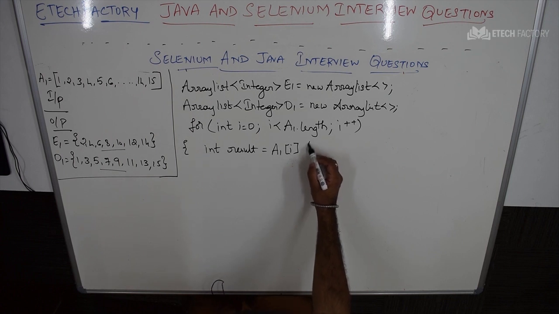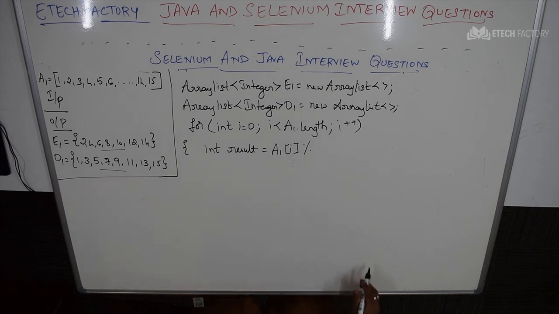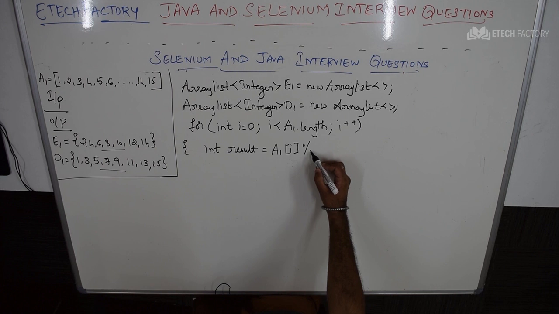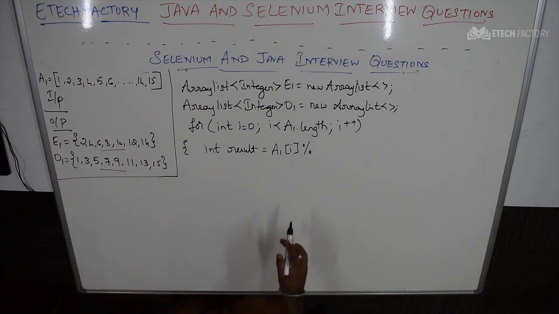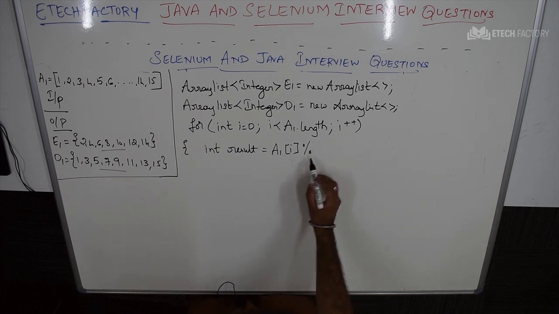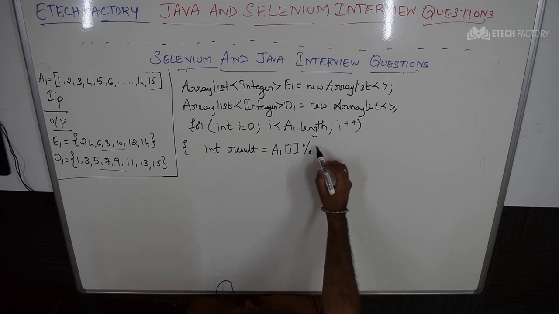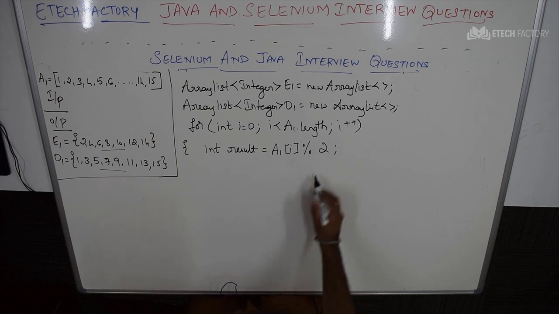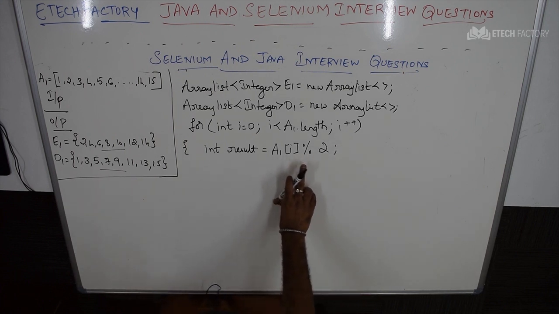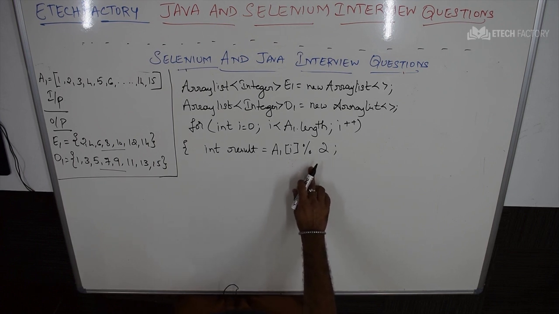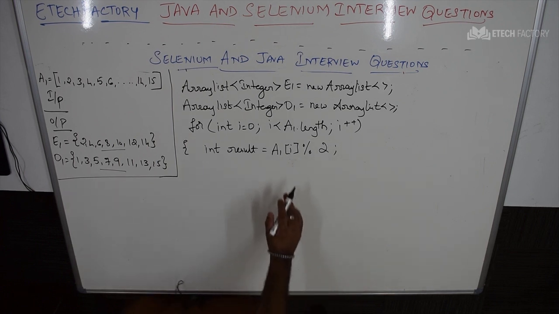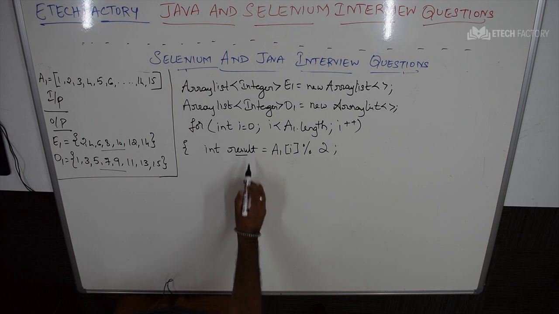So I'm going to use the percentage symbol. This percentage symbol is going to actually divide and get the remainder. So divide by 2, whatever the number is there, and get the remainder of it. That remainder is stored in this result.